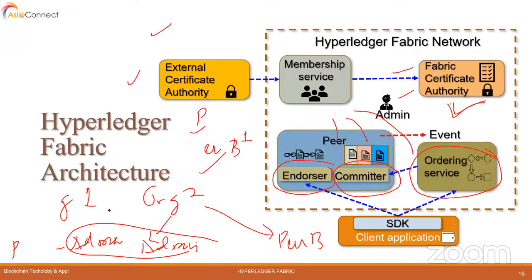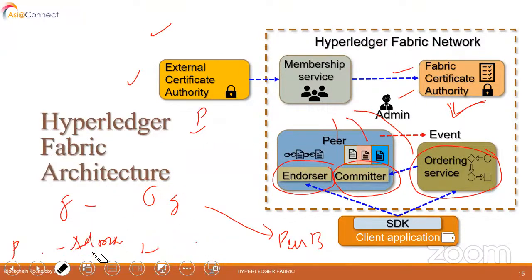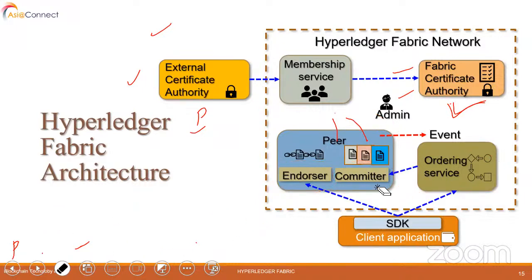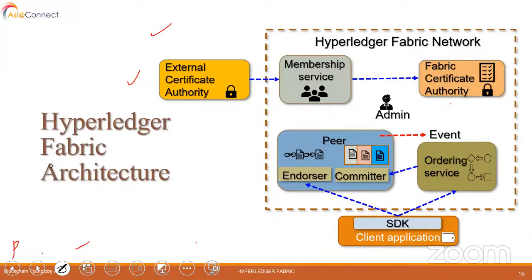So this figure shows that whenever a transaction proposal is made by the software development, by the client application, suppose there is an update proposal.